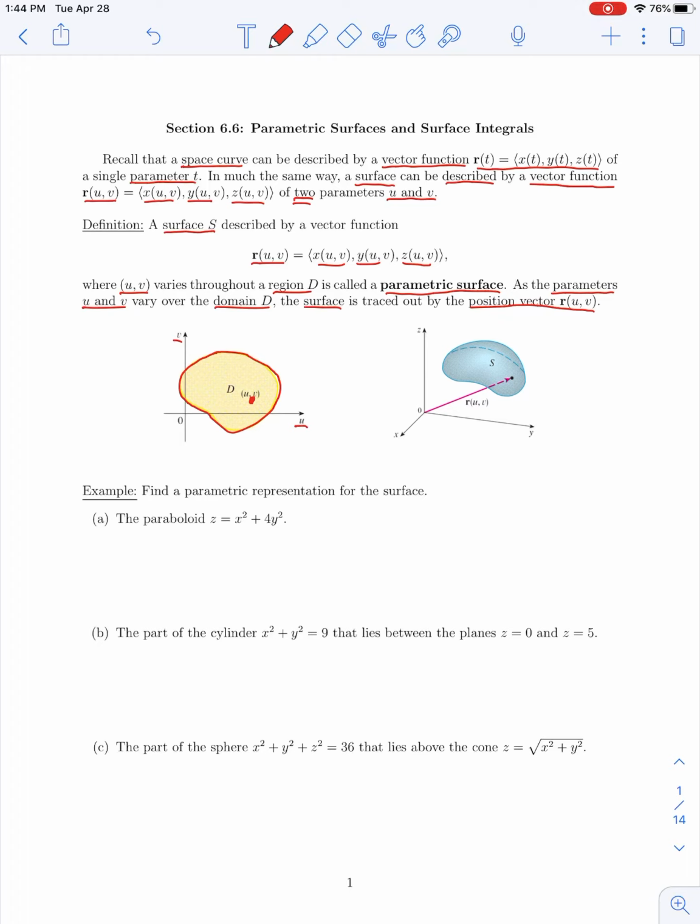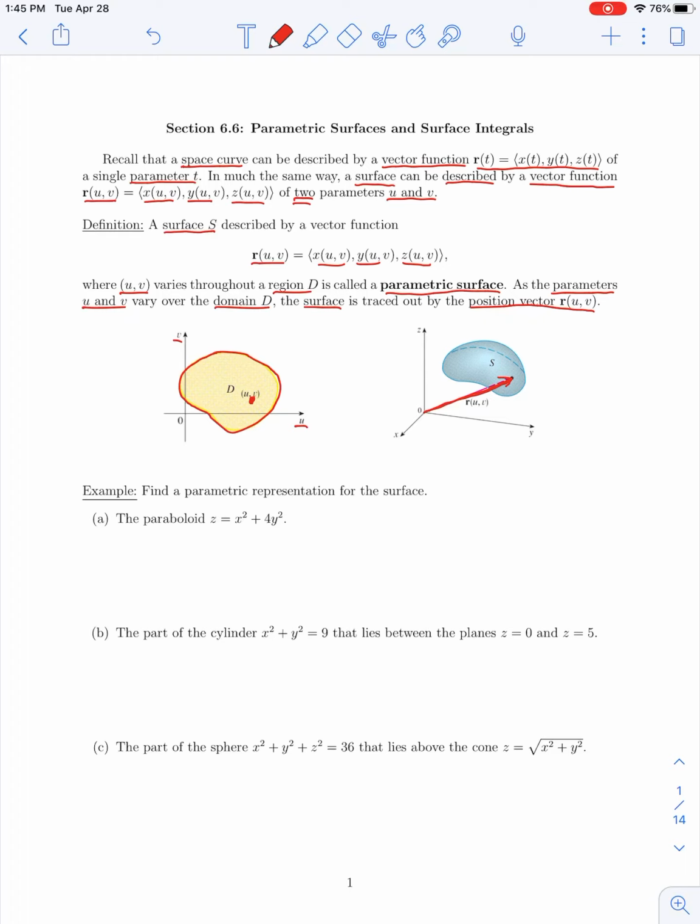So if I substitute this point uv into my vector function, I get a 3-dimensional vector, so I could draw its representation as a position vector, that is with the initial point at the origin, and I get some vector in 3 dimensions.